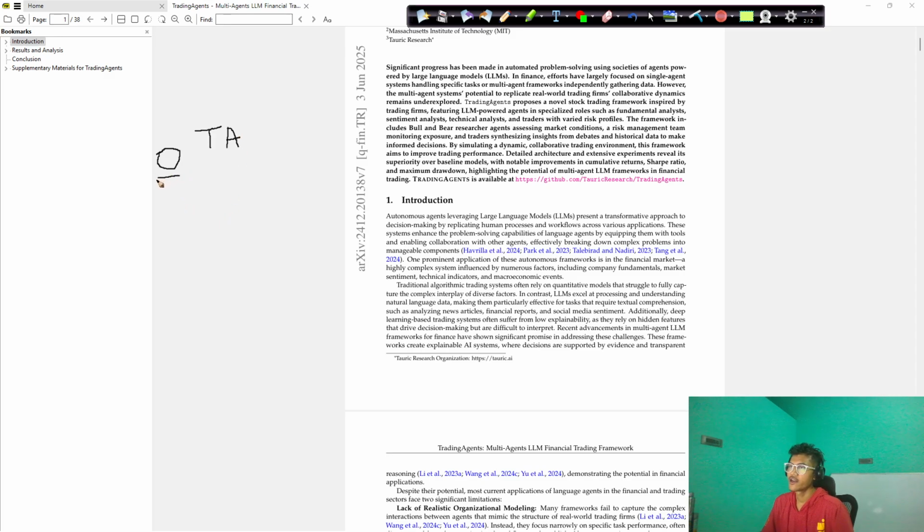Now this trading agent consists of a lot of different components, right? Like imagine extending the hands and legs of the person even more so it's more productive, right? Just like that.